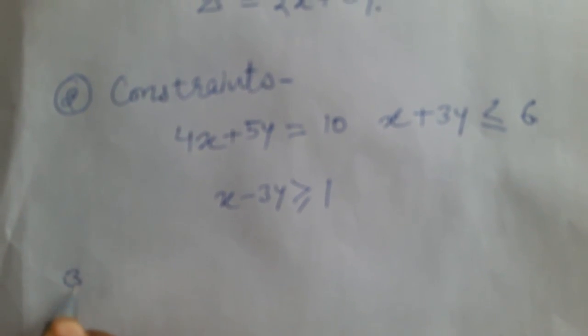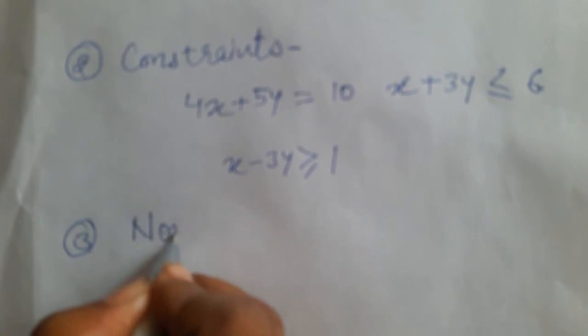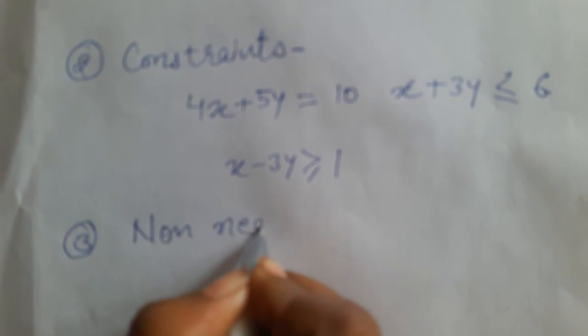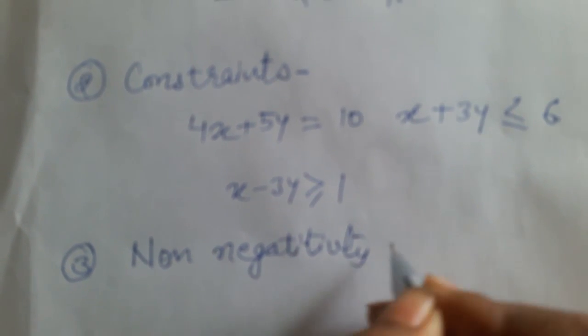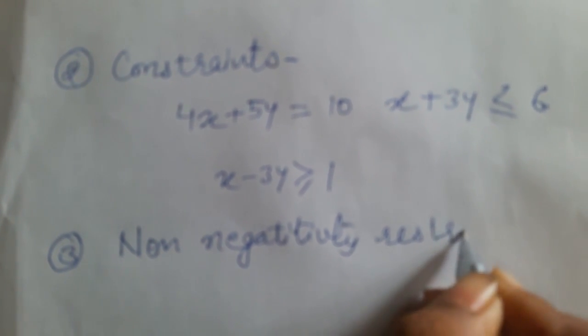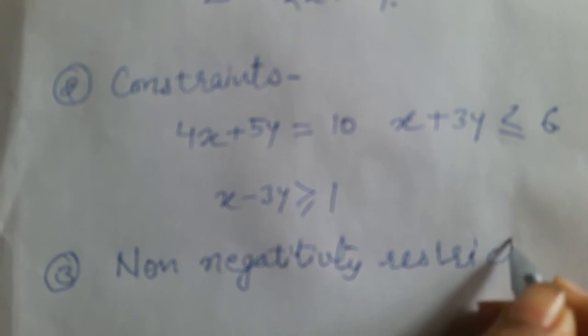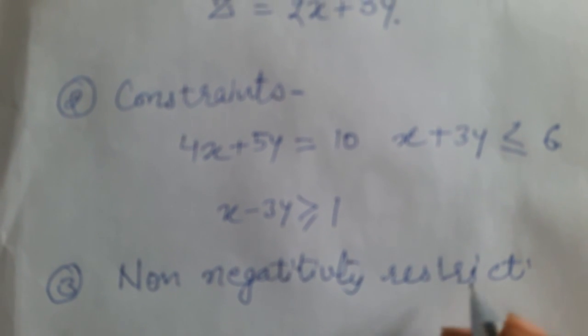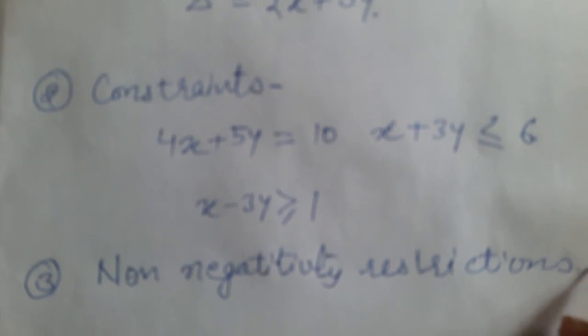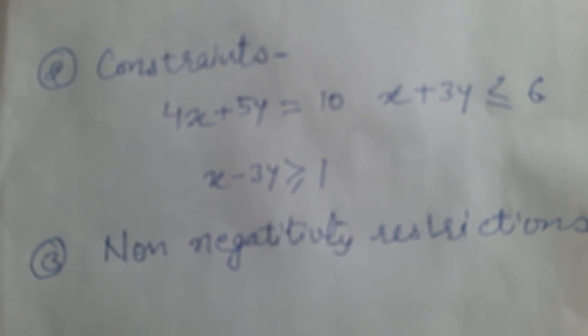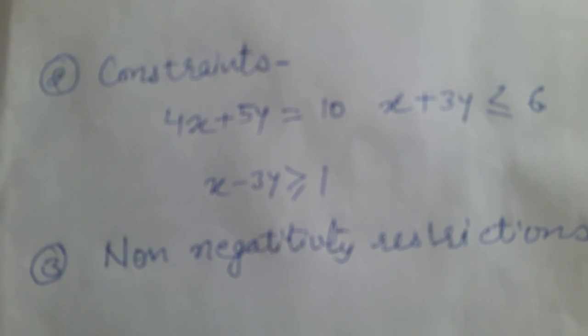Third part is non-negativity restrictions. This means variables used in the objective function can never be negative.